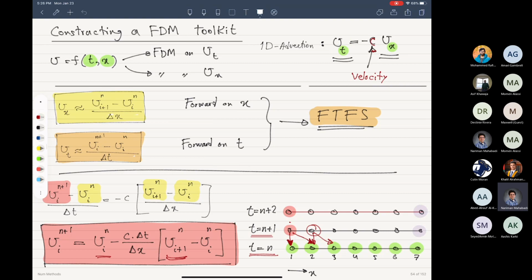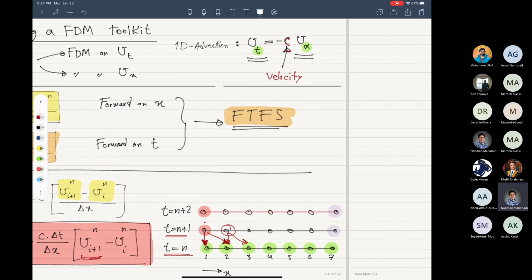So if I substitute everything in the discretized form into this equation, we derived everything, and we found that the variable we are really interested in predicting is my unknown function in the future, right? That's why you have this n plus 1 here. And if I write everything for this Ui n plus 1, this is the final form of the equation for 1D advection in a discretized form that I can use to approximate my Ui n plus 1.